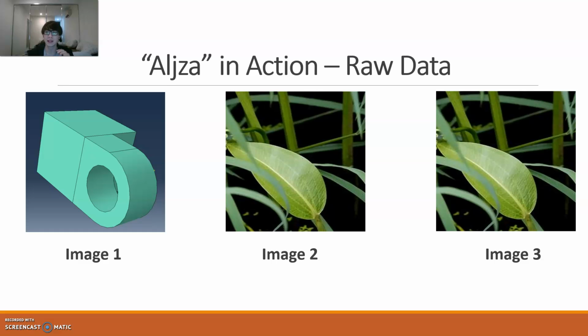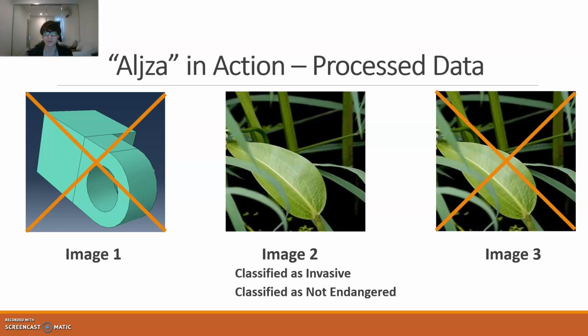So, this would be ALZA in action. Note that these 3 files are directly from our website, so this is what ALZA did in reality. As you can see, there are 3 files. The first file is an image that is not a plant. The second and third are plant images, but those 2 are duplicates. So, what would ALZA do in this situation?